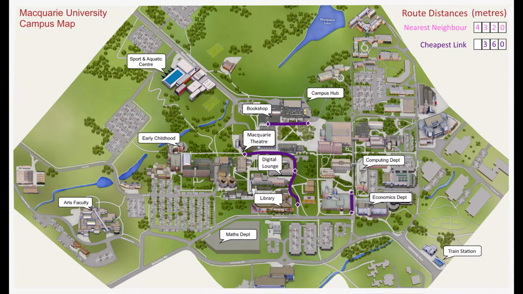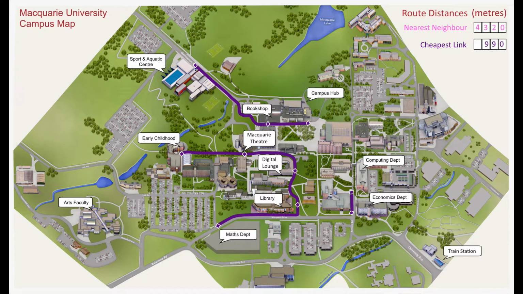The next shortest distances in order are: 1. Macquarie Lecture Theatre and Early Childhood Institute. Macquarie Lecture Theatre is now out of consideration. 2. The library and the maths department. The library is now out of consideration. 3. The bookshop and the sport and aquatic centre.